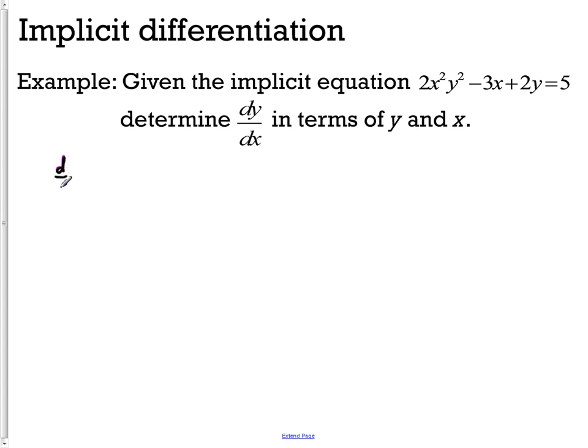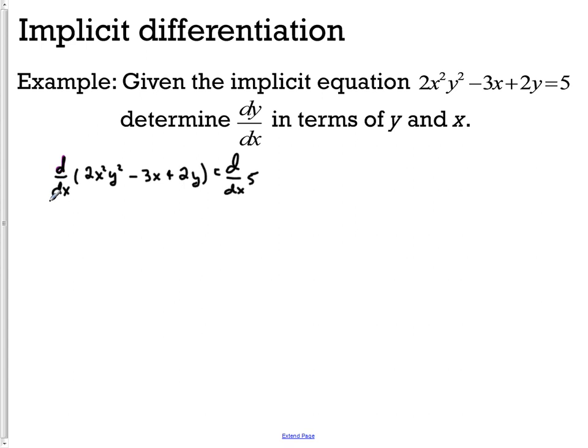The derivative with respect to x of our left-hand side. So we've got 2x squared y squared minus 3x plus 2y on the left. And we're setting that equal to the derivative with respect to x of the constant 5, which we know will come out to 0, but we'll work with it.